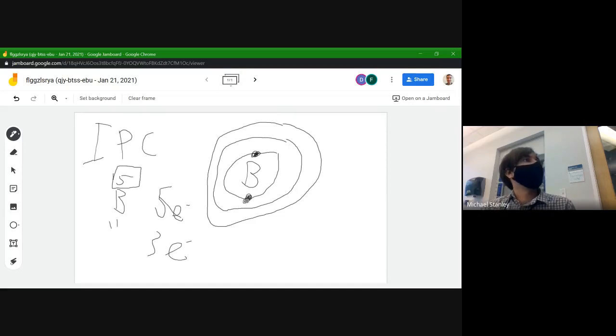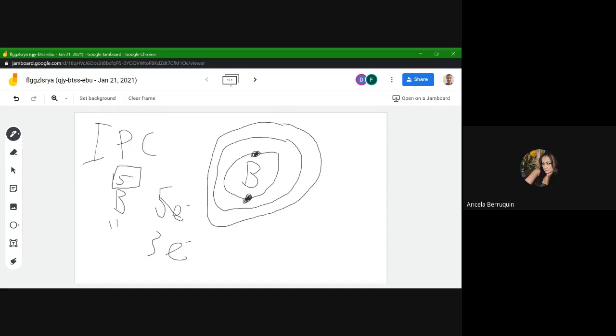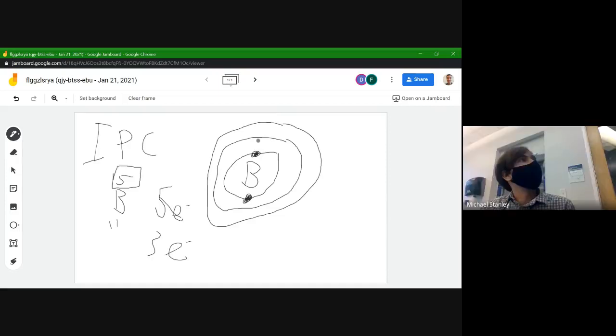So where are those 3 more electrons going to go? Second shell. Bingo. 1, 2, 3. So we've got 2 electrons on the first shell and 3 electrons on the second shell. So now we've put down all 5 electrons for boron.